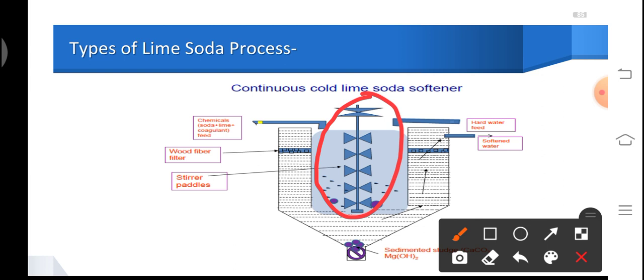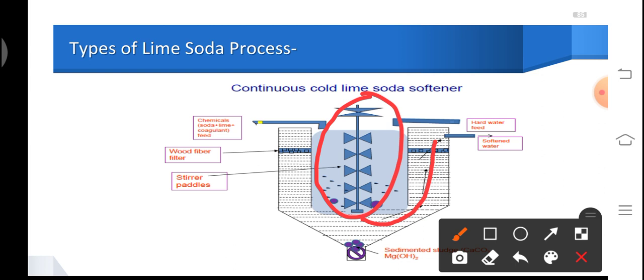After proper mixing of the chemicals, when all the soluble impurities are converted into insoluble precipitate, they are removed out through the soft water outlet.